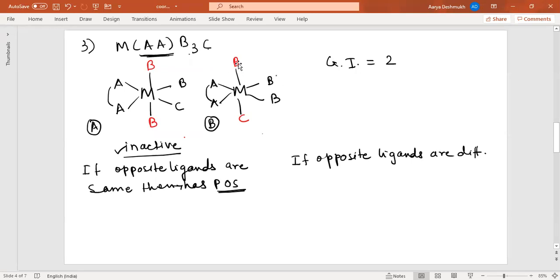Even though the opposite ligands are different, on this side and on that side of the molecule it has the same groups.